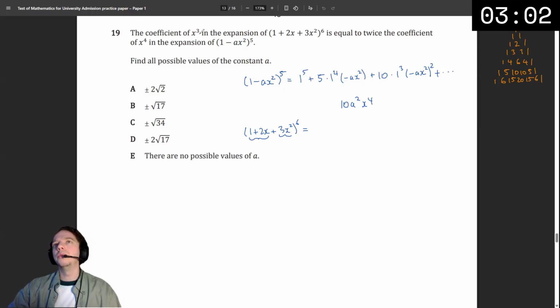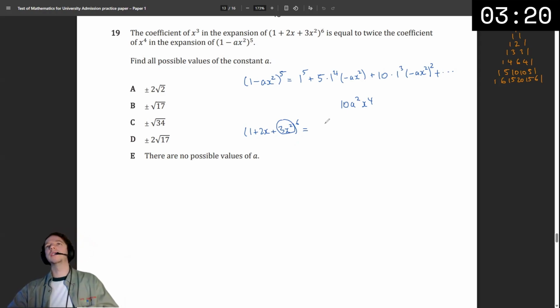We are interested in the cube one, and I'm thinking it'd be good to bunch it up this way rather than this way, a little bit more simple, because when this is squared, that's going to already give us an x to the 4. So basically, we won't even need to consider anything later than the square term.